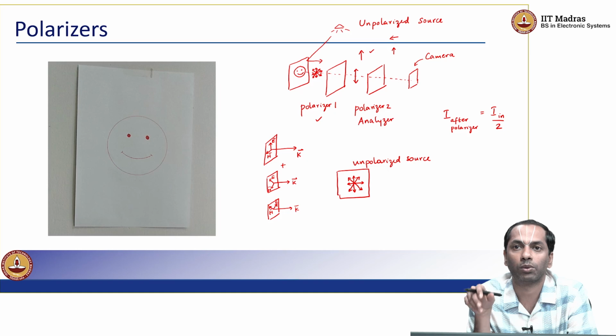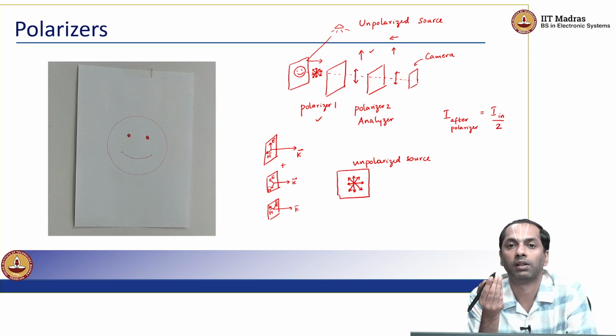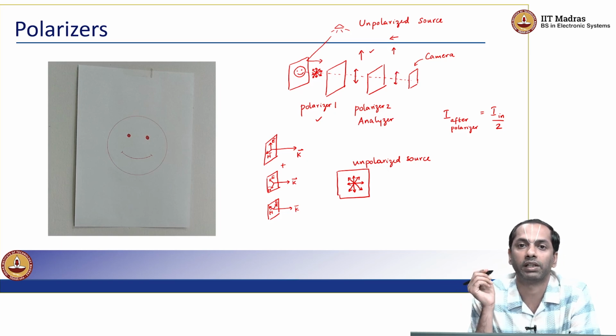Now, when the second polarizer is kept, and the axes of the two polarizers are oriented the same way, we notice that the electromagnetic wave is able to make it through both the plates, and we are able to see the image of the smiley face.